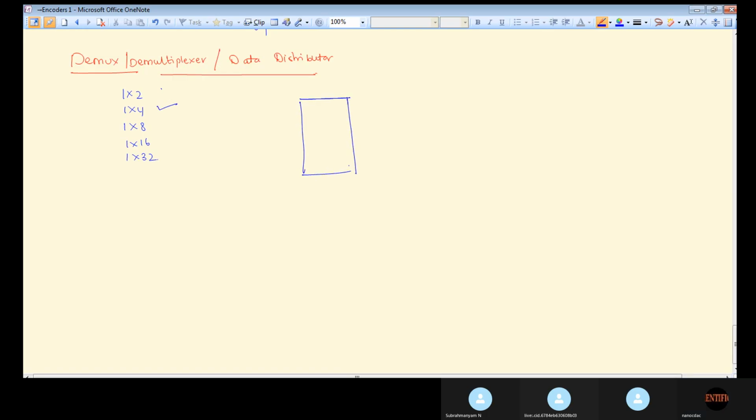So this is one input. There are 4 outputs, so the select lines depend upon the number of outputs. Here you have y3, y2, y1 and y0. How many select lines will be there? S1 and S0.